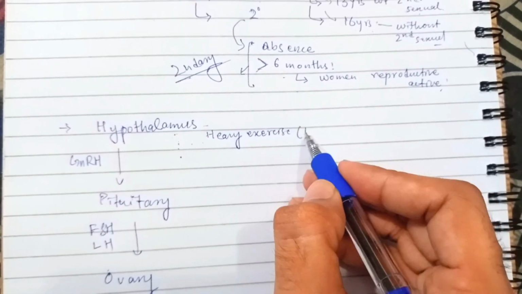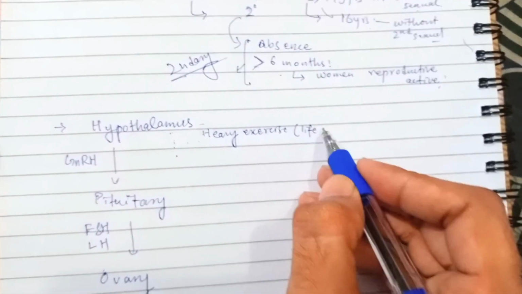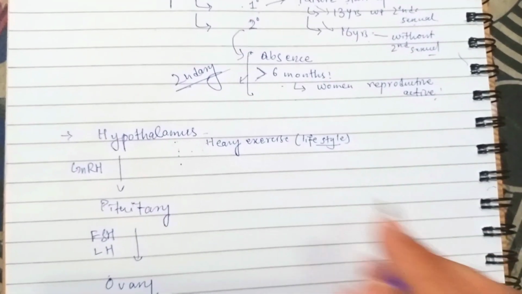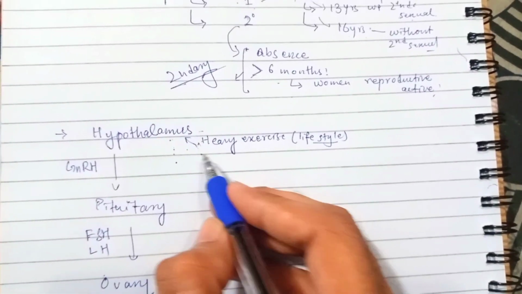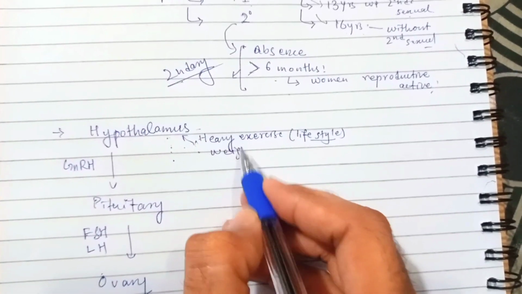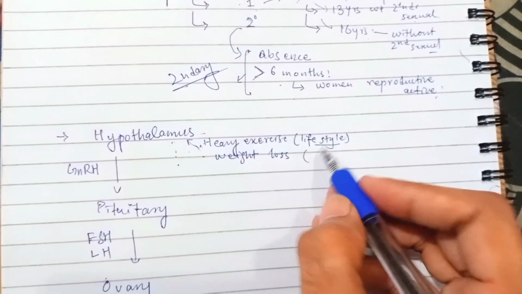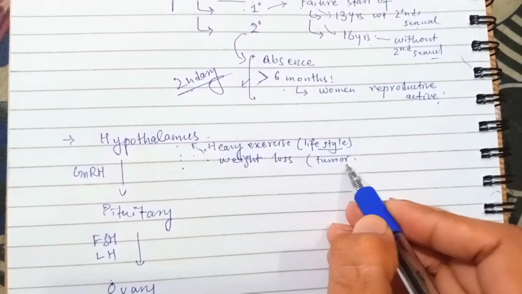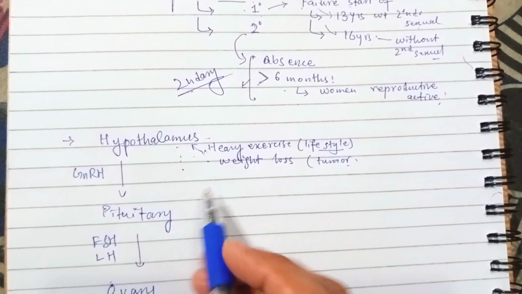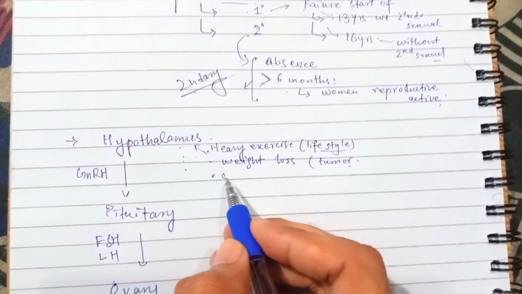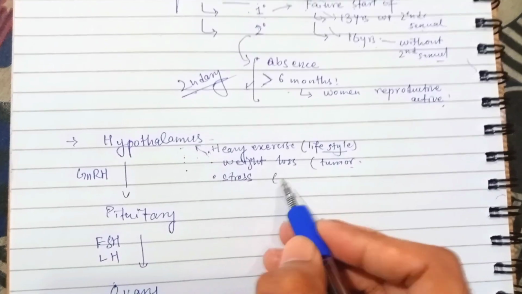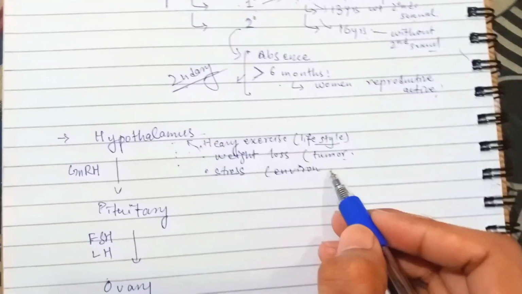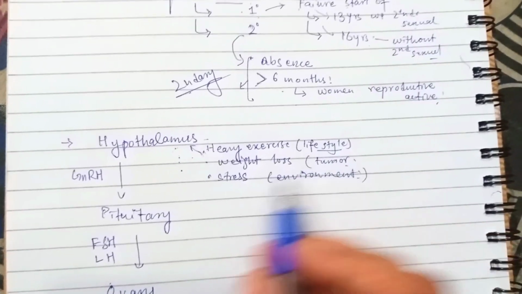For example, her lifestyle is such that she has to do heavy work daily, which affects the hypothalamus. Number two, is there any weight loss? Maybe there is a hypothalamic tumor that results in weight loss, and this affects the menstrual cycle.